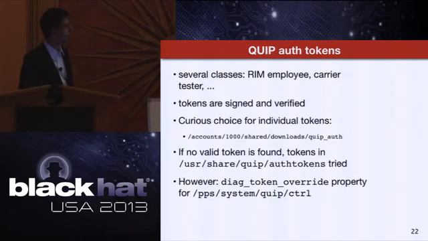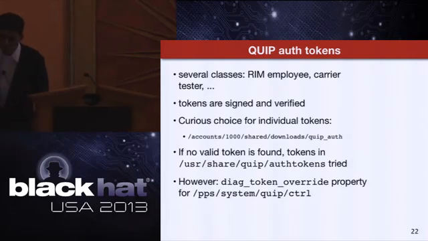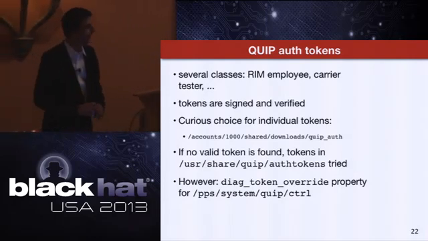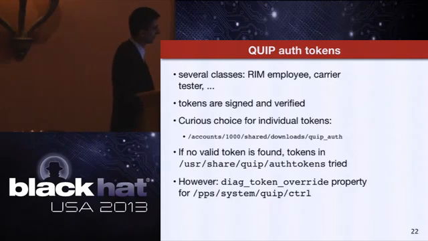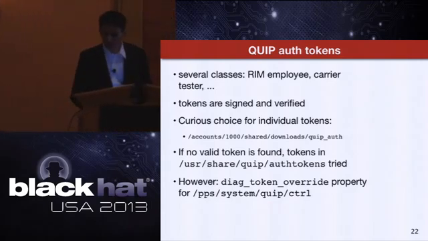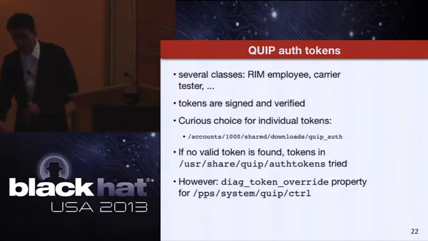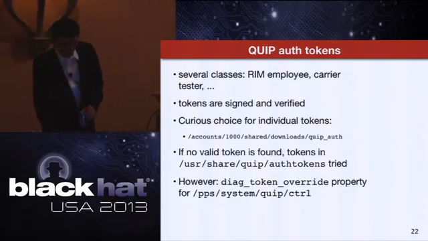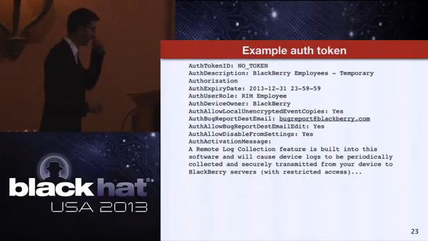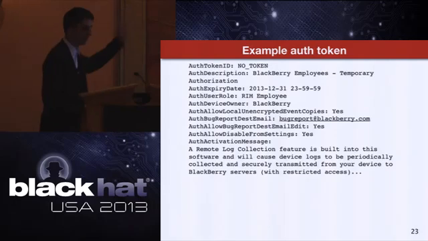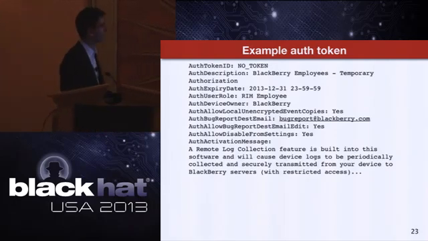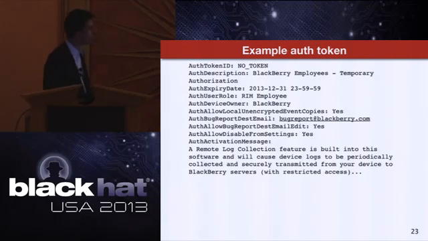And if no valid token is found, there's a list of different carrier tokens that is tried. And also there's an override property that you can use to force enable this, apparently. And then you look at example tokens just to see what the general setup of these is.